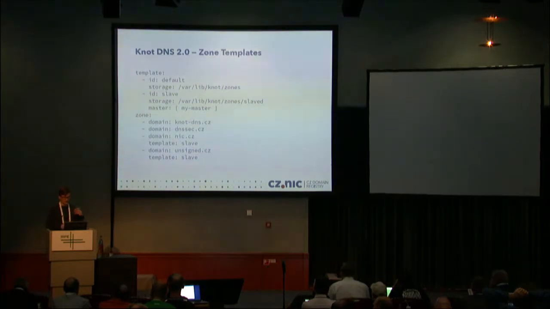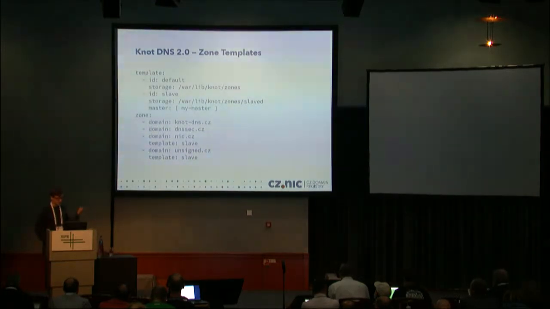So if you were then instantiating a zone, all these default parameters were copied to this zone and applied. With Knot DNS 2.0, you can define multiple of these templates. So in this example, there are two templates defined. The default template for master zones and the second template called slave, which is used for slave zones. And as you can see, the location for the zone files is different in these templates.